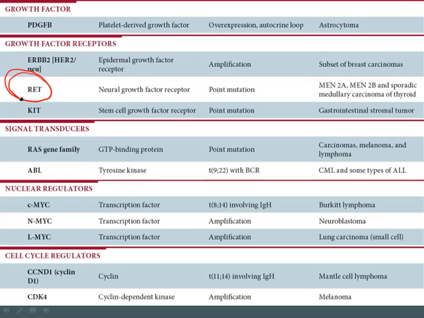Now, this is a very high yield association because if you suspect MEN2A or 2B in a patient, let's say a patient has some of the other features like pheochromocytoma and mucosal neuromas, as would be seen in MEN2B, then in those patients in whom you suspect MEN, you can do RET studies.